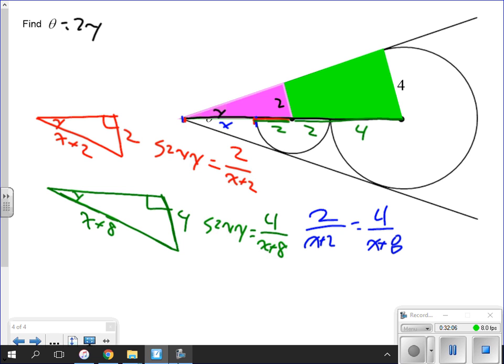It's called the transitive property. If A equals B and A equals C, then B equals C. Solve for x. Cross multiply.